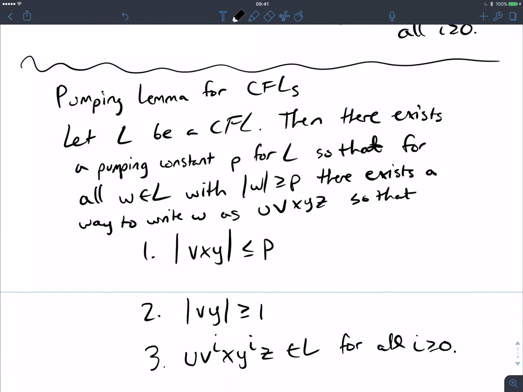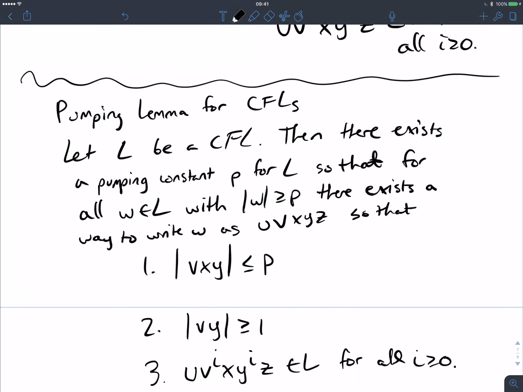But I know the repeated part can't generate very much of the string. It can only generate up to p characters. The second occurrence of that repeated variable forces that, between the first and the second occurrence, one of those two parts is non-empty. So Vy is at least 1 in length.